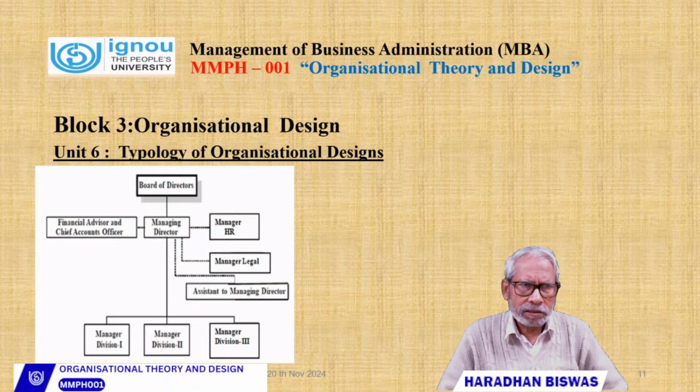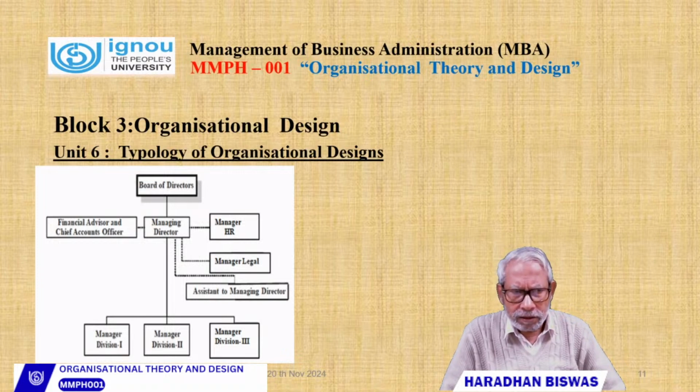Then financial advisors and the chief accounting officer is also giving inputs to the managing director. And finally, the board of directors are getting the information from those levels. And then managing directors are also getting input from manager levels, and your assistant to managing director. Yes, one of the things, conducting the meeting, coordinating everything.